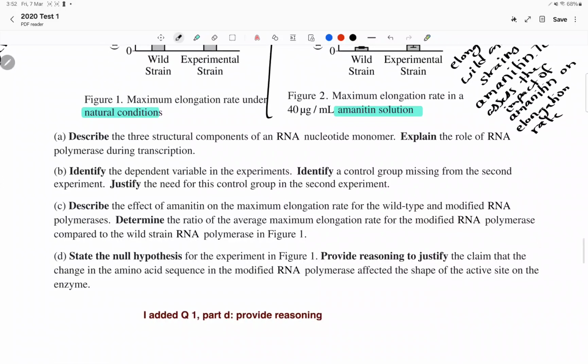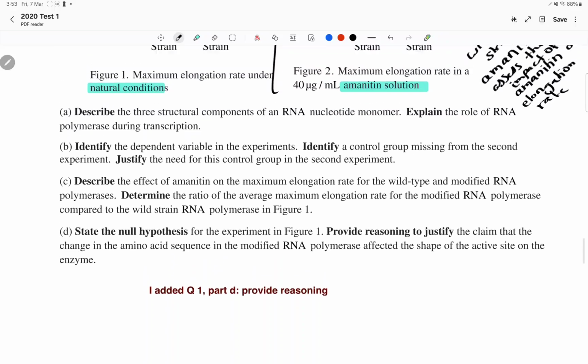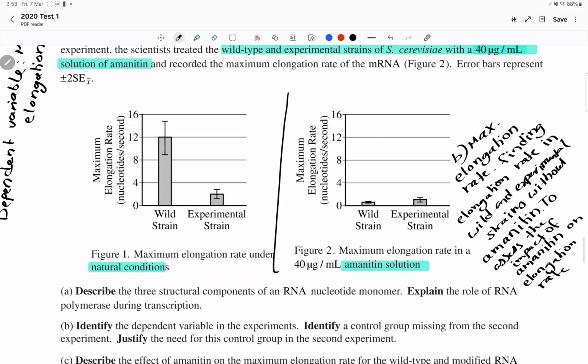Part C. Describe the effect of Amanitin on the maximum elongation rate for the wild type and the modified RNA polymerase. Now, what shall you do? You must now compare the wild type on the right to the wild type on the left. You must compare the experimental on the right to the experimental on the left. Okay?